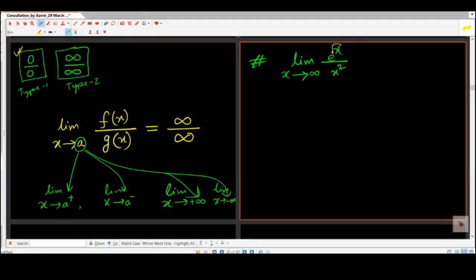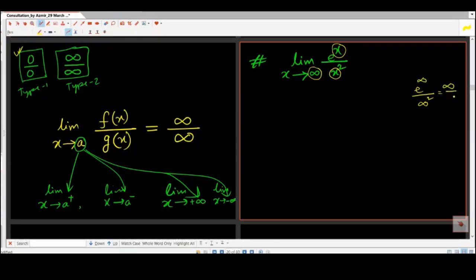So at first we need to find the locations of x. So e to the x, that means e to the infinity, we are plugging this part, over infinity squared. So e to the infinity will give us infinity.